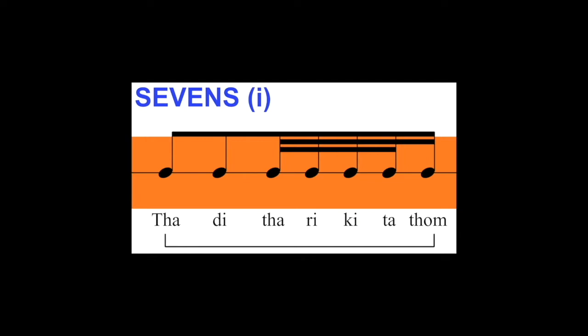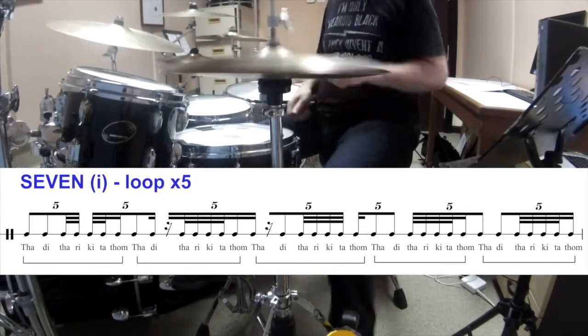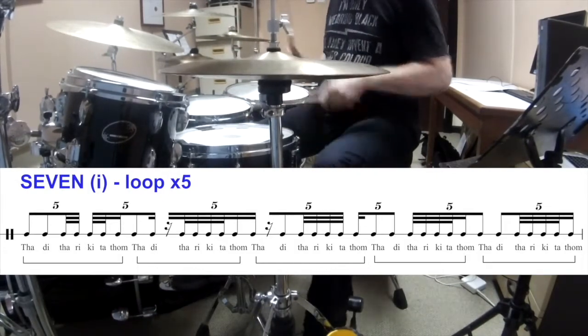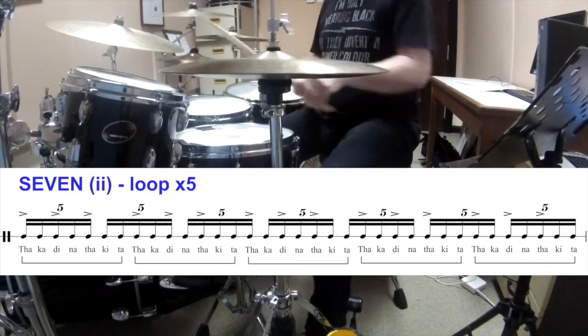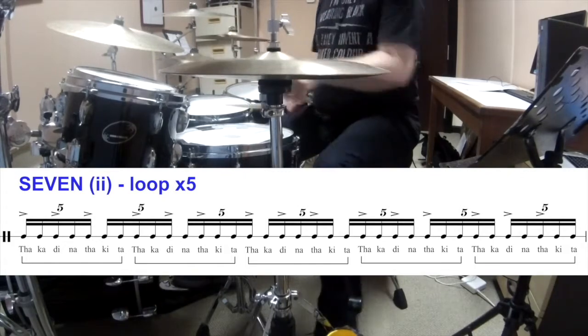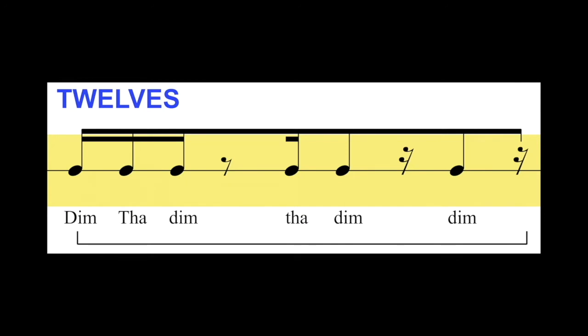Section B1 is comprised of 7s, 2 different kinds. This one, this one. The sevens, which come in sets of 3, are interspersed with this 12 phrase. Let's hear that.